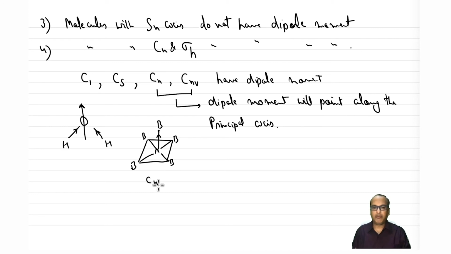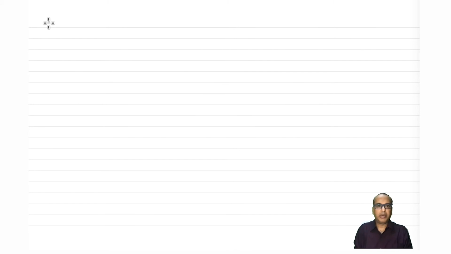So this is a C4V point group, and this is C2V point group. Both of them belong to the CNV, and dipole moment will lie along the principal axis, which is C4 in this case and C2 in this case, right? So this dipole moment concept should be very, very simple and straightforward. Wherever it is cancelled, of course, it will not have, but then it will be directed by these set of point groups, right?